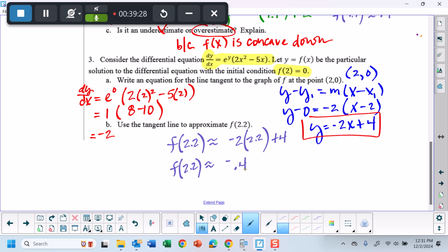The interesting thing here is we can't say if it's an over or an underestimate. How come?